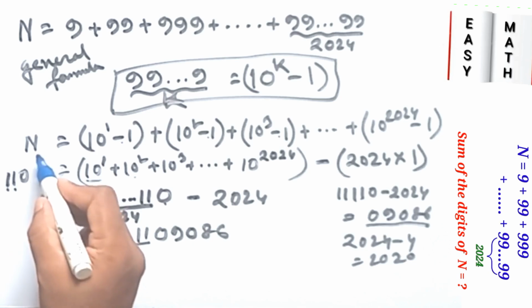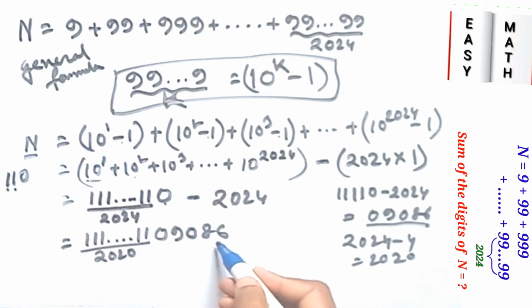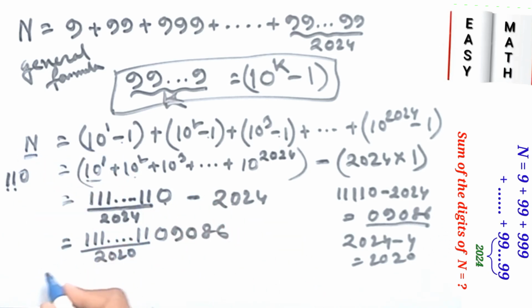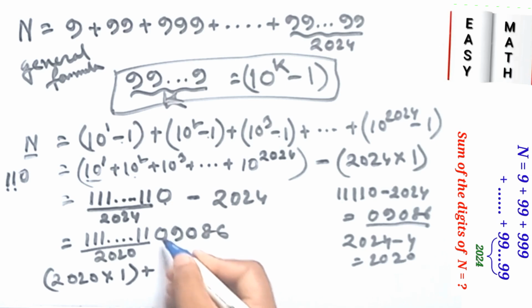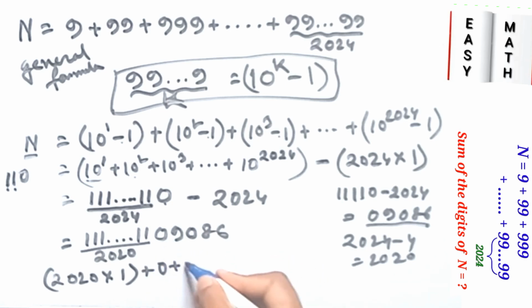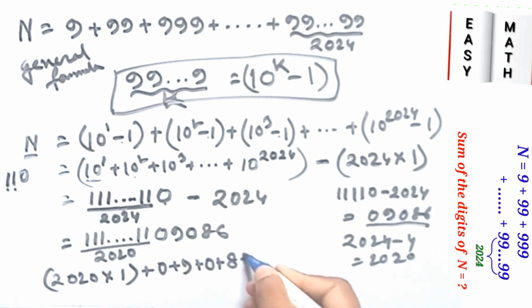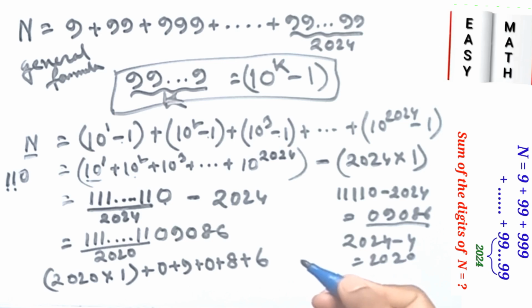So n is this. So the sum of digits: we can write 1, then 0, then 9, then 0, then 8, then 6.